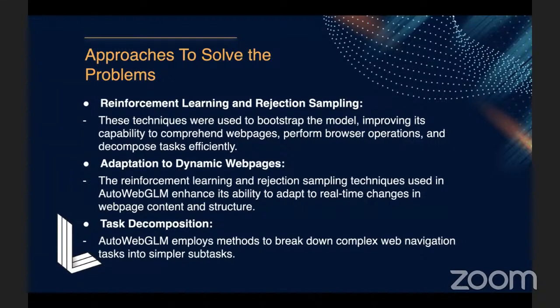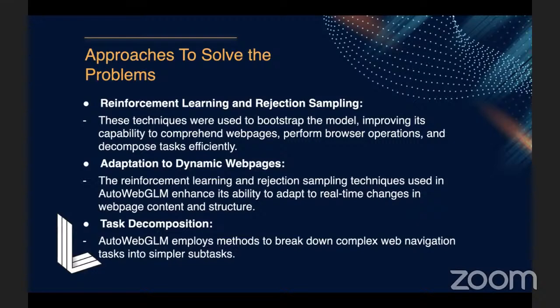At the time of training, if the model is biased toward any particular data which is being provided to it, then definitely the model is going to learn from its mistake what to follow or what not to follow. Basically, these techniques were used to bootstrap the model, improve its capability to comprehend web pages, perform some browser operations, and decompose the task efficiently.